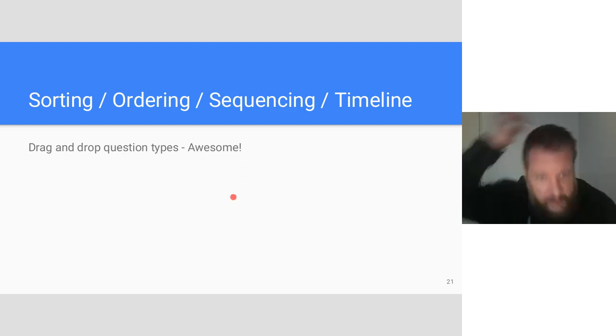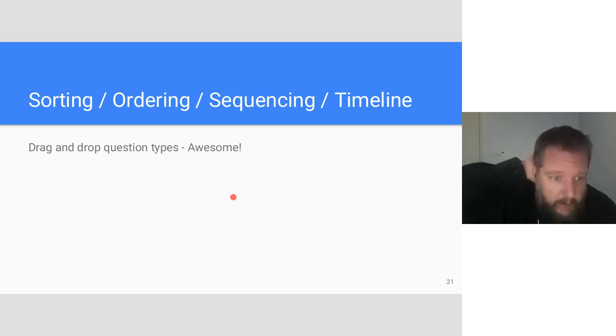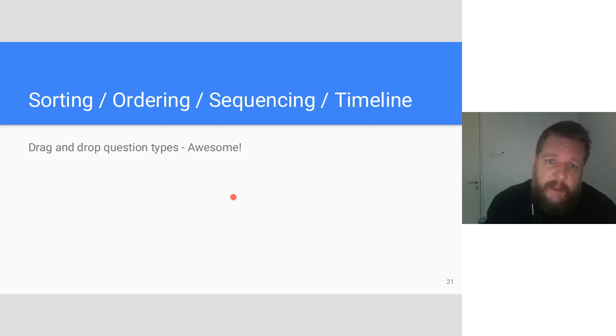So sorting and ordering activities, again, really useful for those kind of lower level thinking tasks, which are obviously important for building foundations. So now we've got the drag and drop question types in Moodle. If you haven't looked at them, play with them.